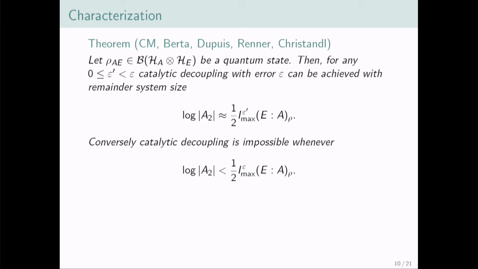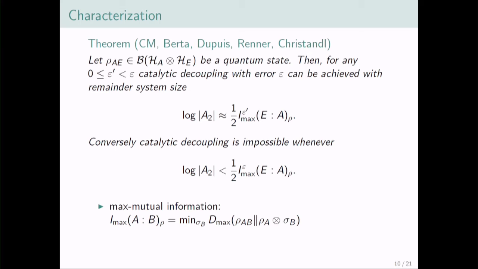If we again start with the bipartite quantum state rho AE, then we pick some accuracy for the decoupling. Then catalytic decoupling with this accuracy epsilon can be achieved with the remainder system size log A2 approximately equal to 1/2 times the smooth max mutual information. And this max mutual information, now it's maybe time to give a definition.